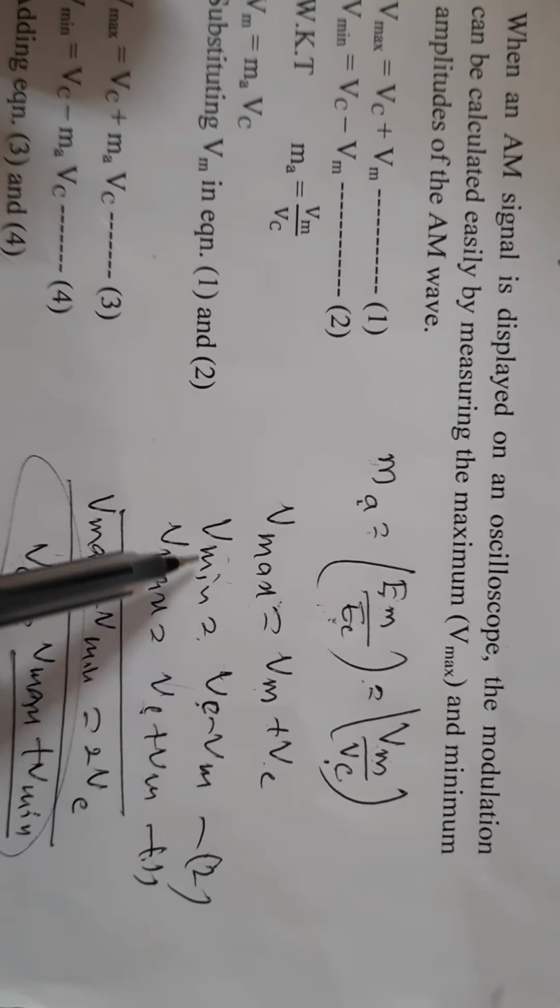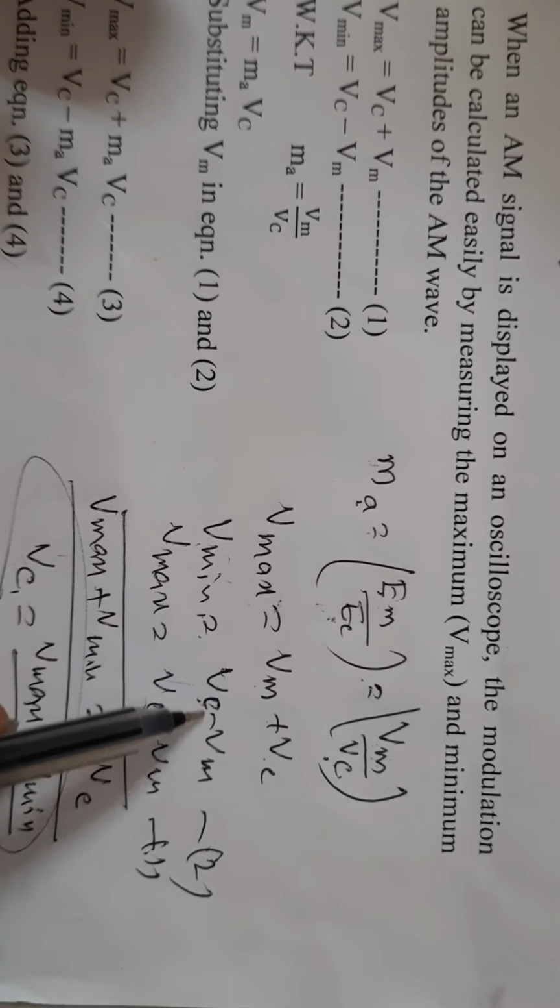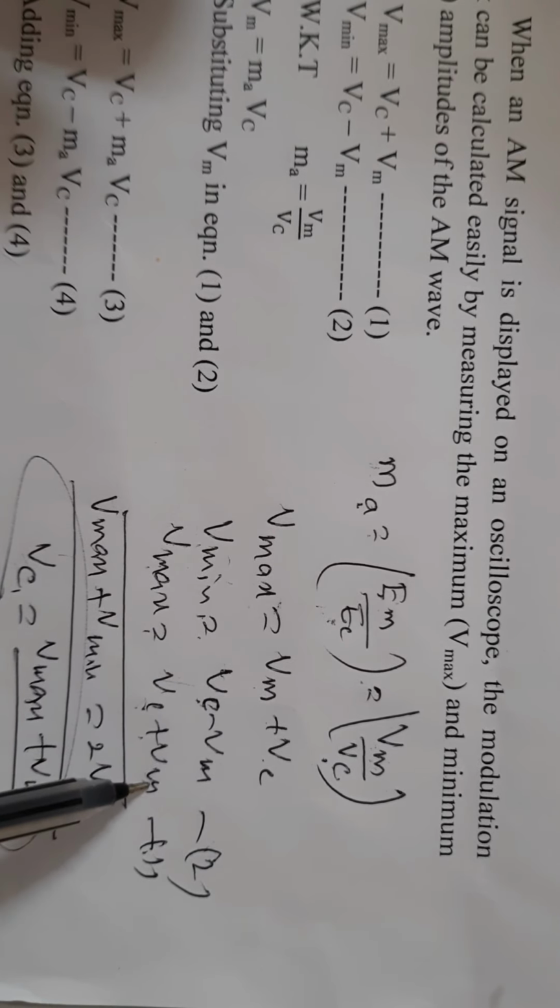From here to here it is Vc, and this is Vm. Vc minus Vm is equal to V minimum. Therefore, V minimum is equal to Vc minus Vm, and V maximum is equal to Vc plus Vm.